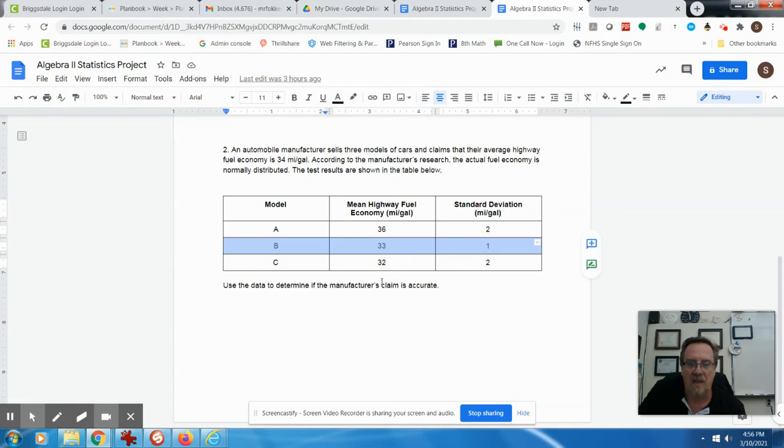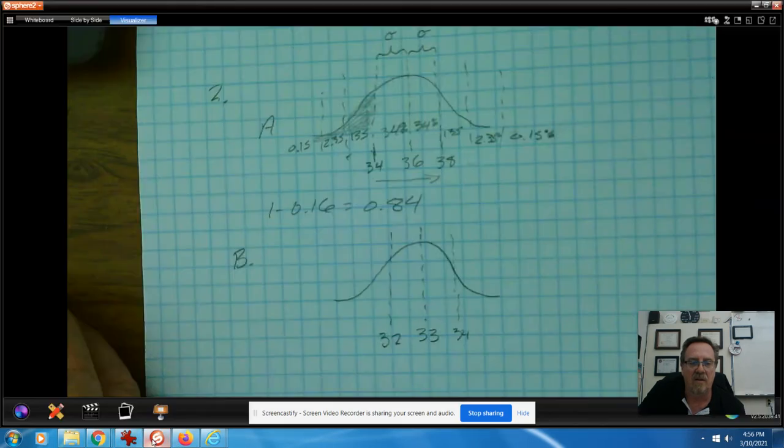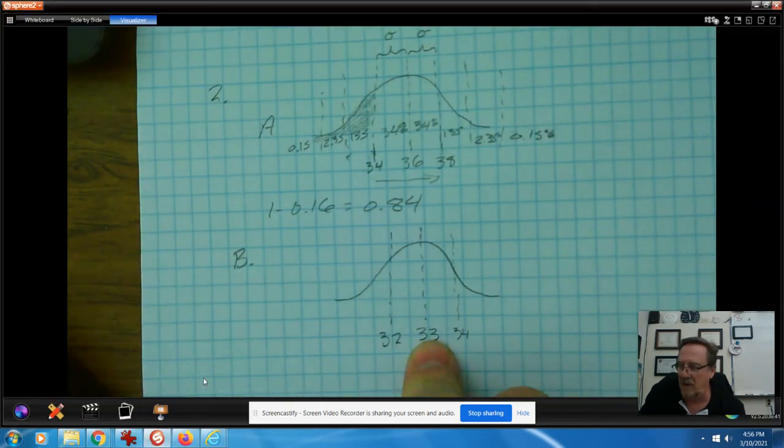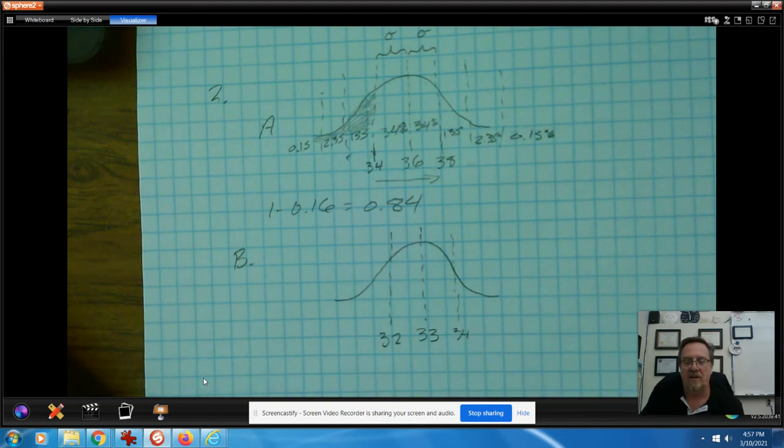We're on B here. Mean is 33, standard deviation is 1. So when we draw our curve, we put the mean at 33, one standard deviation away would be 34, because one standard deviation for this one was 1, and so on and so forth.